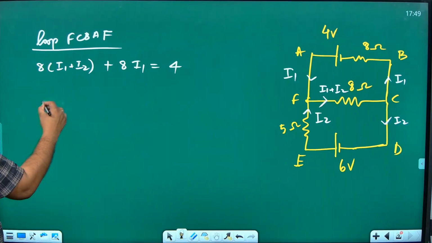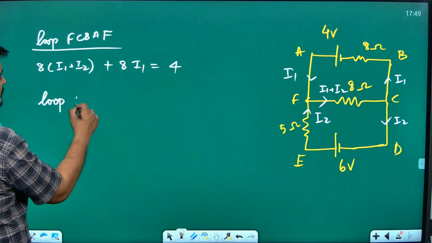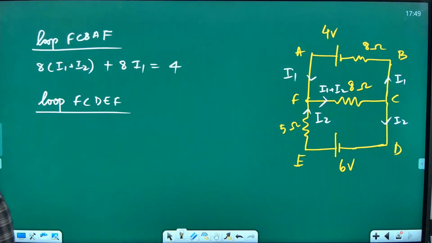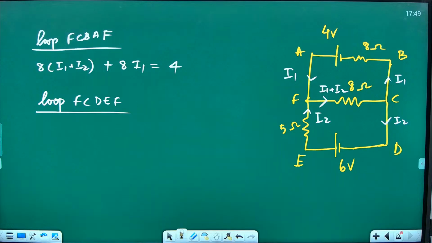Okay, next loop. Amruta Varshini, if you are there, will you try? Are you there or you dropped? Yeah, you are there. Okay, try.